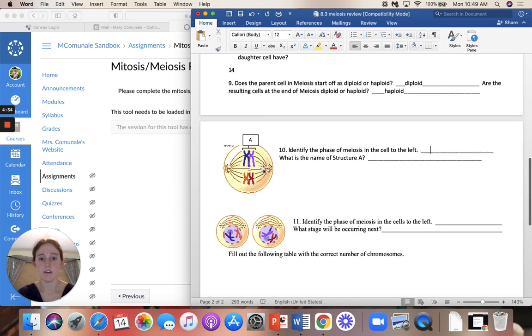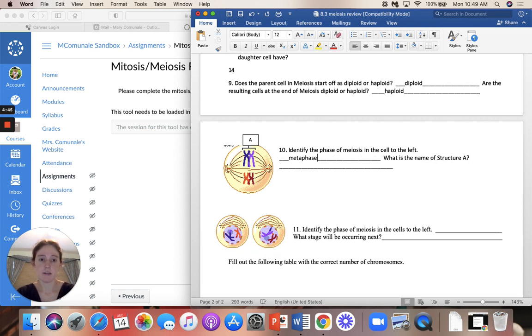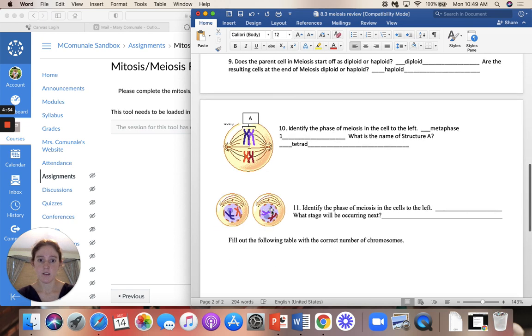Okay, we have our spindle fibers and our chromosomes still together, so we're in meiosis 1. They're lined up in the middle, so that's metaphase 1, and the structure is called a tetrad. That's what you call it when you have 2 together there.